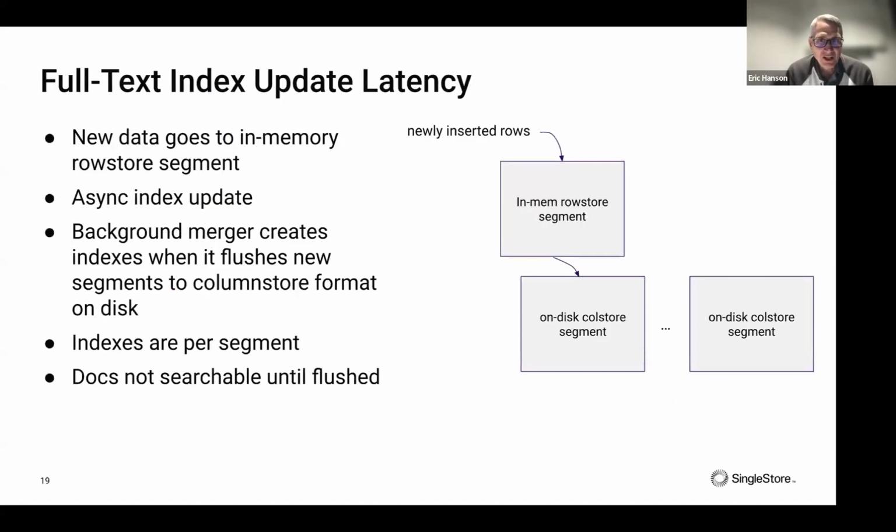Another important thing to understand about how our full text search works is search latency and index latency. Full text indexes are updated in SingleStore asynchronously. When you add data to a column store table, the new data goes to an in-memory row store segment of that table, and then we asynchronously update the indexes.